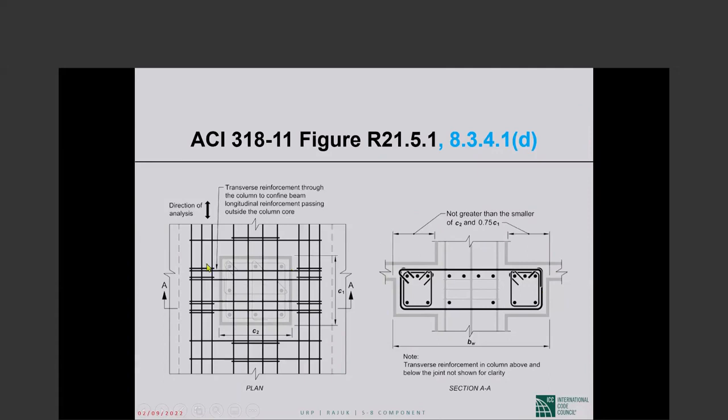Okay, this is the cross section. This is the plan of the same thing. The beam is significantly wider than the column. And the question is, how wide can the beam be and still be eligible to be part of the seismic force resisting system of a category D structure?